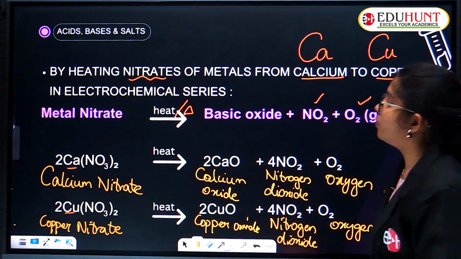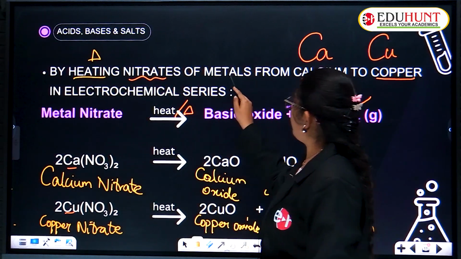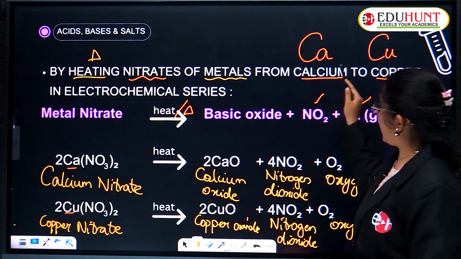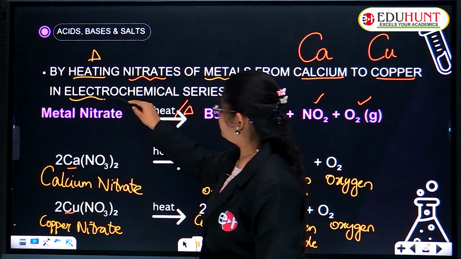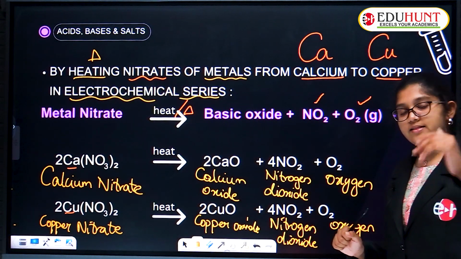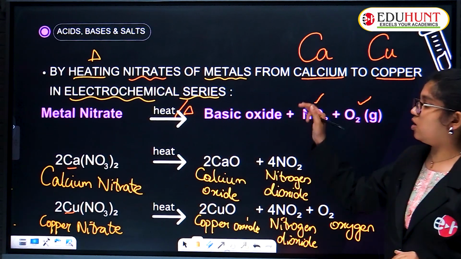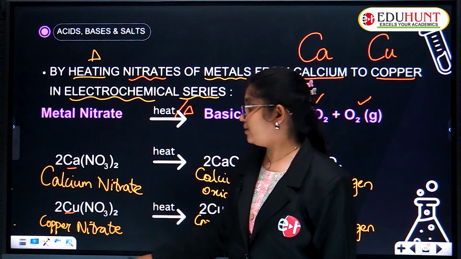Once again, by heating nitrates of metals from calcium to copper in the electrochemical series. We have a special series, children, the electrochemical series. In that, from calcium to copper, we are taking all the nitrates, namely from calcium nitrate to copper nitrate.